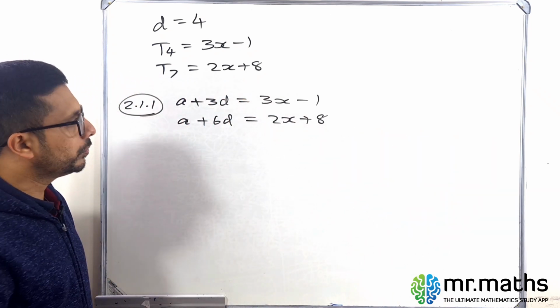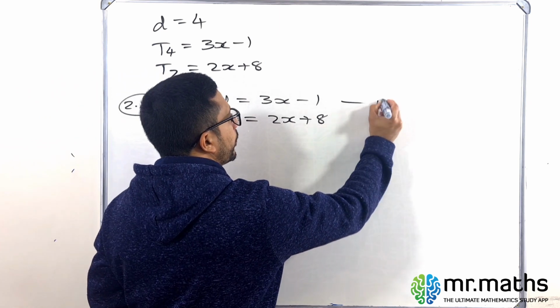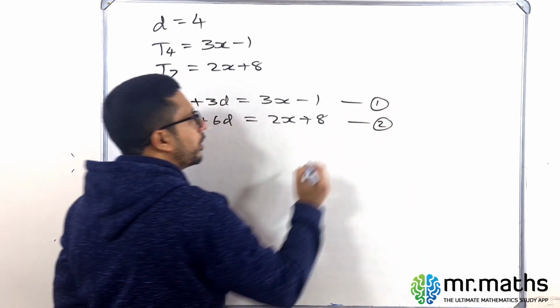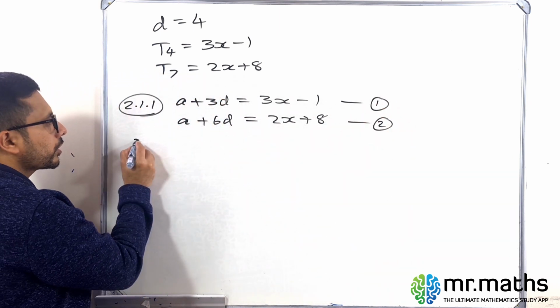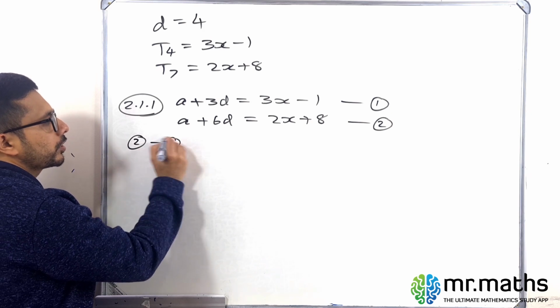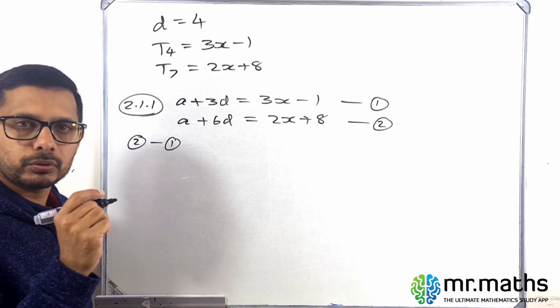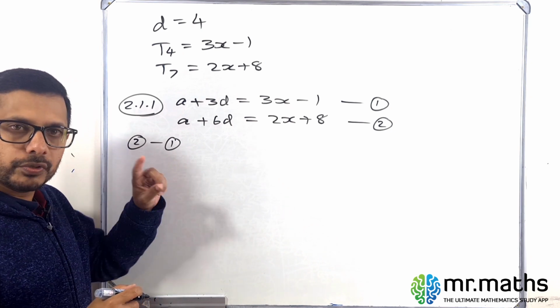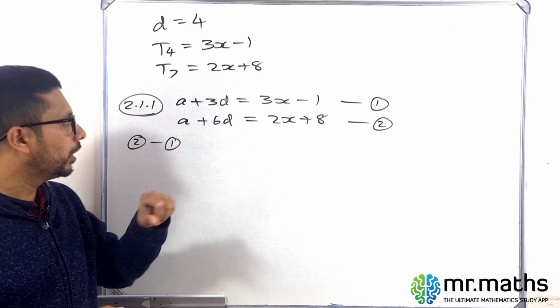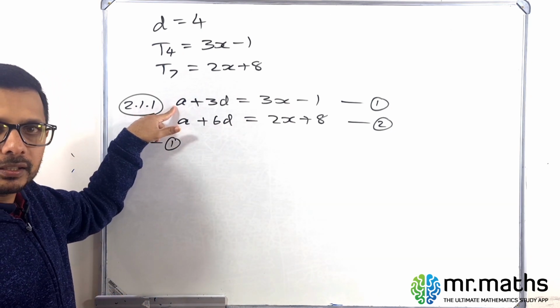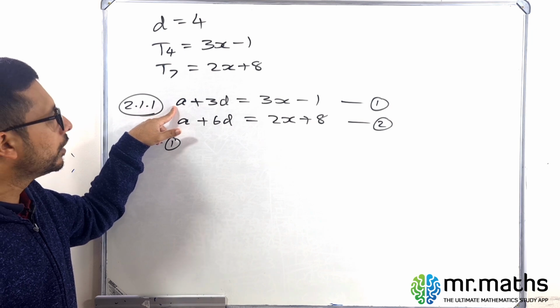Let me call this equation number 1 and this one equation number 2. Equation 2 minus equation 1. When we subtract two equations, we have to subtract term by term. A minus a is what?